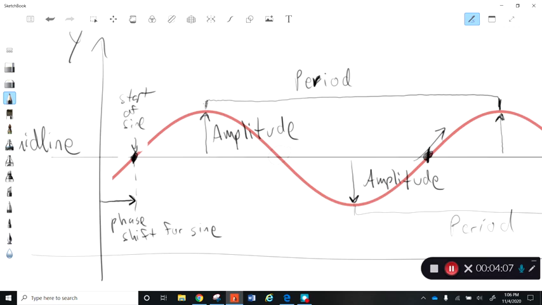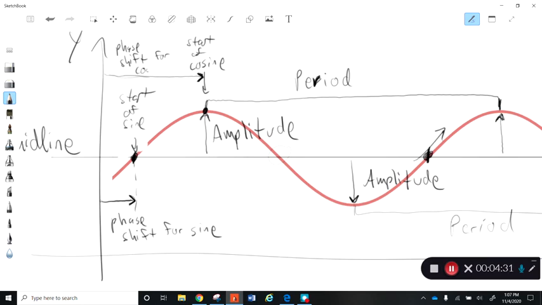Cosine, remember the cosine graph, it crosses the y-axis at a maximum point. So that point right there would be the start of the cosine graph. That means this distance, if you measure from 0 over to there, would be the phase shift for cosine.